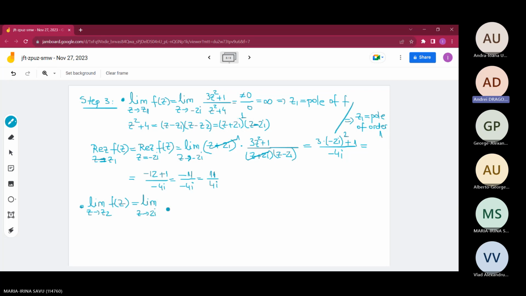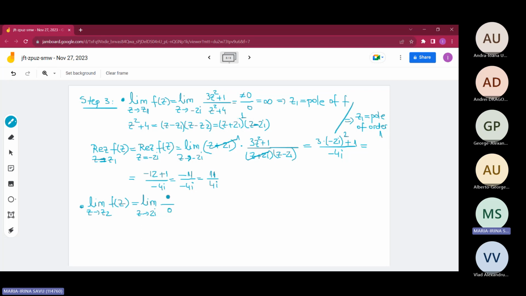I mean, Z2 will still be a pole of order 1. And the residue will be, I think, almost identical to z equals z1. It's almost identical.